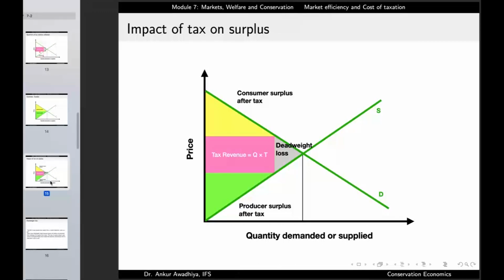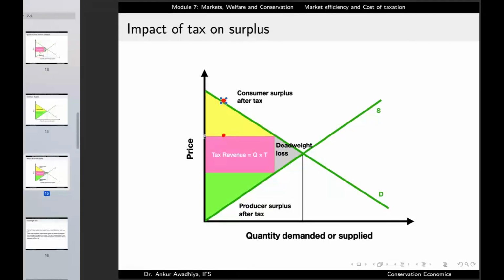Now the consumer surplus will reduce, because the consumer surplus is the value that the consumer was putting on a thing minus the price of the thing. So this much is the consumer surplus of one particular consumer, and the total consumer surplus is given by this triangle.